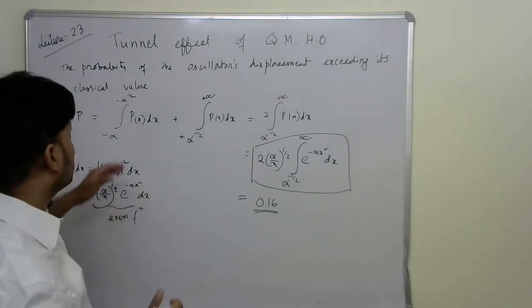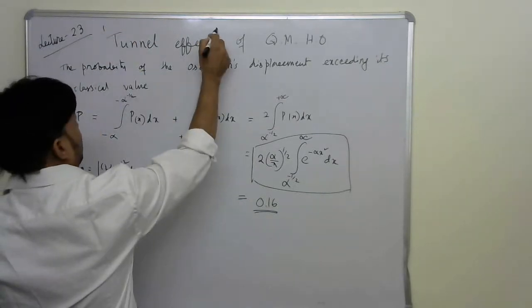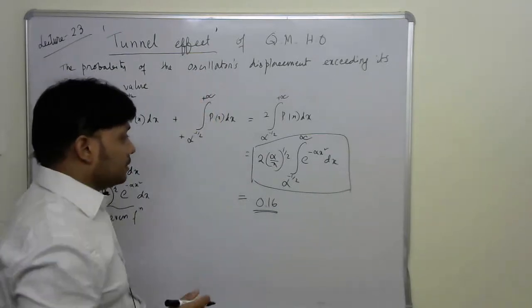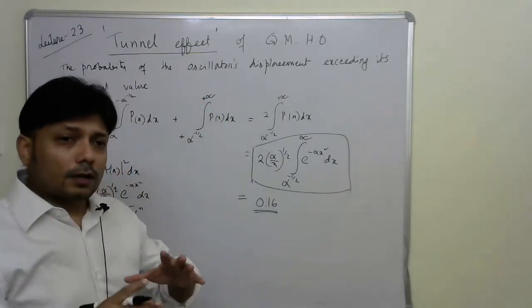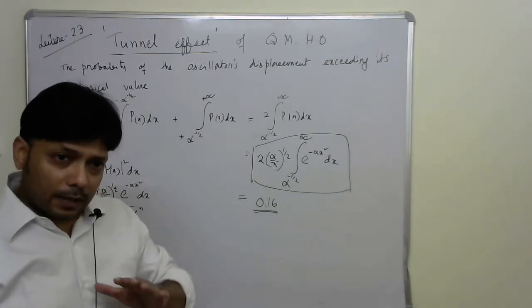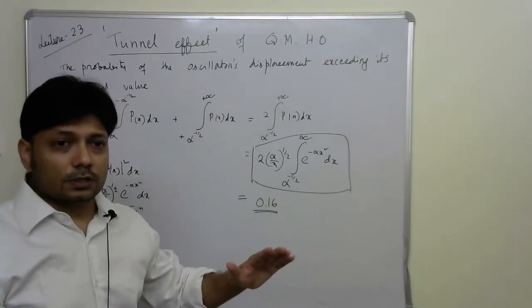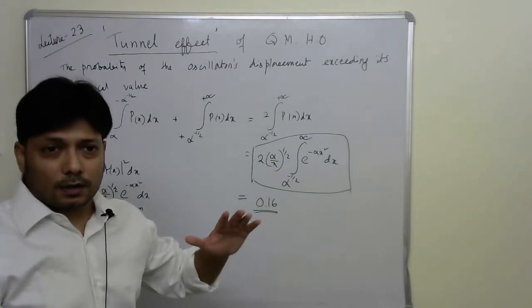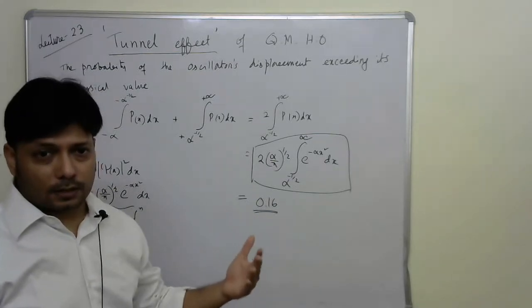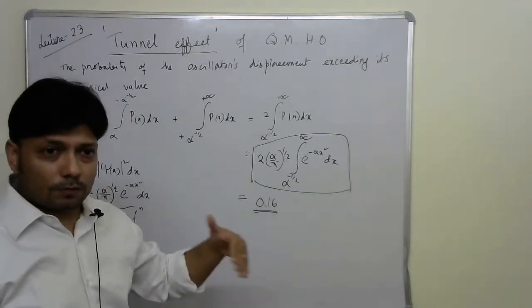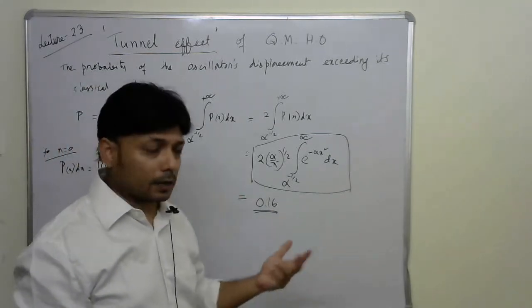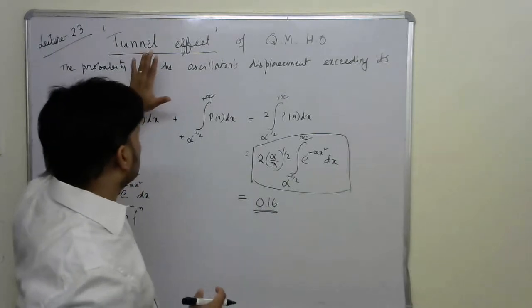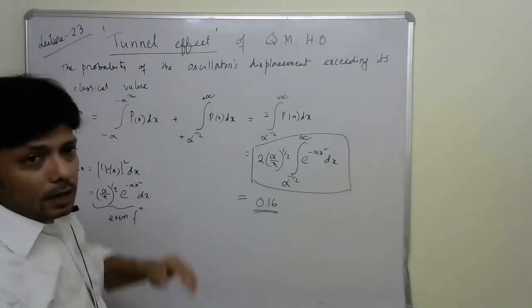That effect is called the tunnel effect. It is defined as the phenomenon where a quantum mechanical system exceeds the limits defined by classical mechanics and goes into some forbidden area demarcated by classical mechanics.